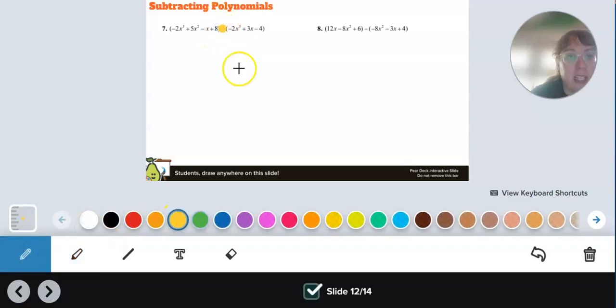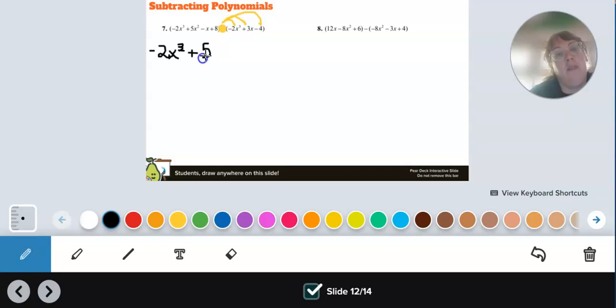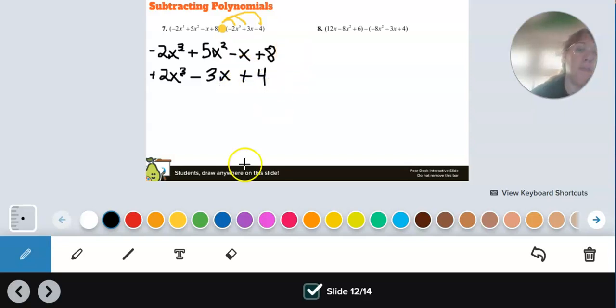Distribute that subtraction sign. So all of these 3 terms are going to change signs, okay? So our beginning stays the same, -2x cubed plus 5x squared minus x plus 8. But then we're going to have a negative 2x cubed, so that's going to be a positive 2x cubed, a -3x, and a -4, which gets us a positive 4.